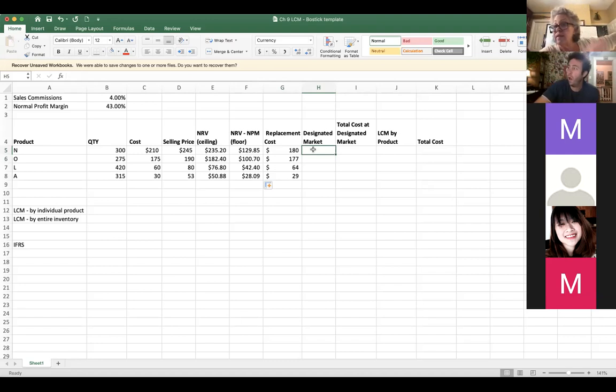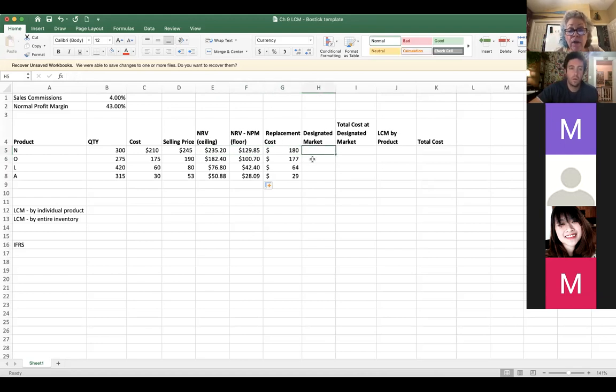If you want to read the GAAP logic behind it, you're more than welcome to. But GAAP says that we determine market by picking the middle number of the three. I can see that 235 is high, 129.85 is low, so literally the middle number is the 180.